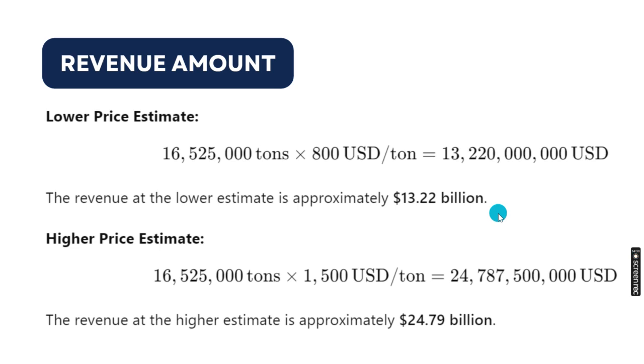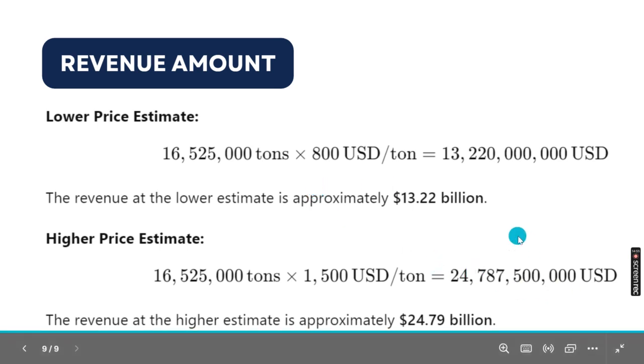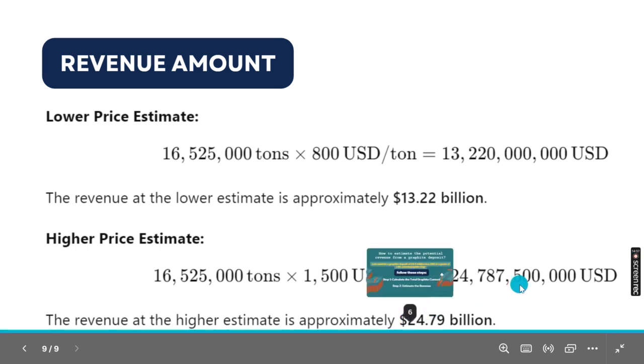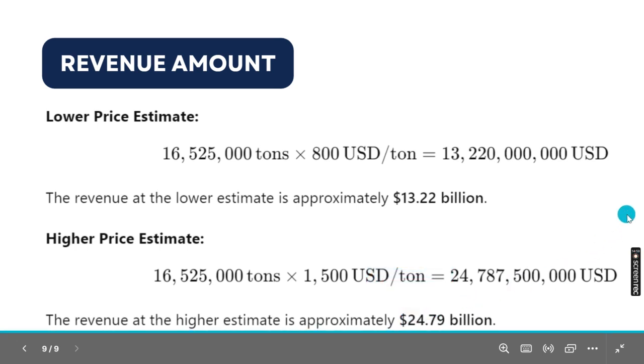Even at this rate, at least you can earn this much, you can generate revenue of this much. I am not talking about profit. Investment will be there, and mining cost, even if you cut down, will leave a huge profit margin. And the higher price estimate, if you see now, will be coming about 24.79. So I hope you understand the importance.